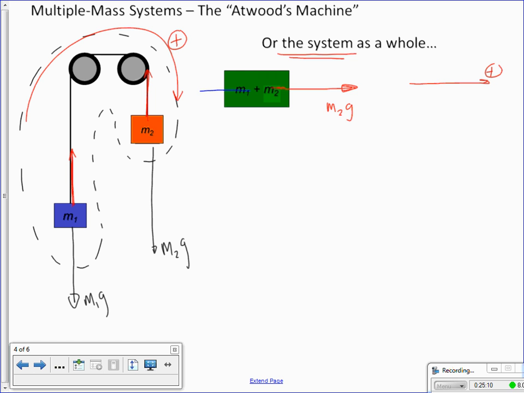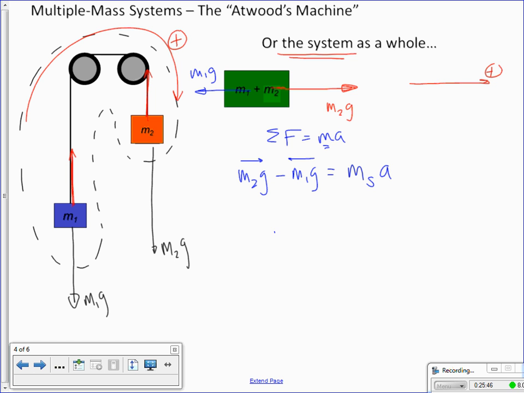M1 experiences a force in the opposite direction, M1G. So if we look at a net force statement for the system, the forces are M2G and M1G. I subtract because this one's to the right, that one's to the left, and this equals MA. Well, what mass? If we're looking at the system, it's the whole thing.